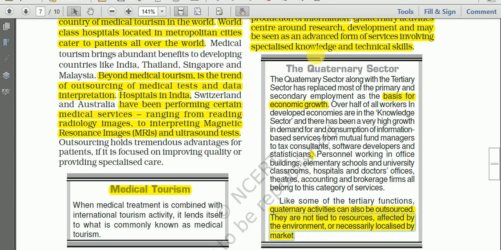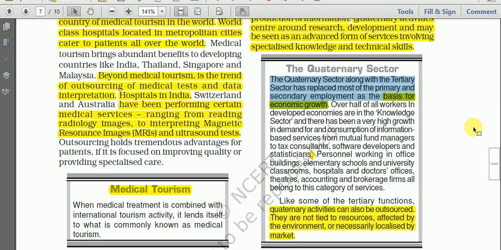And here in this box, in this big paragraph, it describes the significance of the quaternary sector. It describes the importance of quaternary activities. So let us read. See here, the quaternary sector along with the tertiary sector has replaced most of the primary and secondary employment as the basis of economic growth.